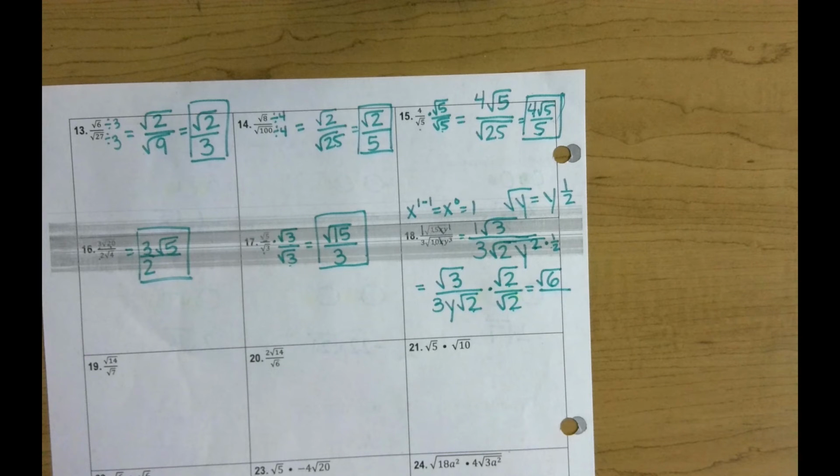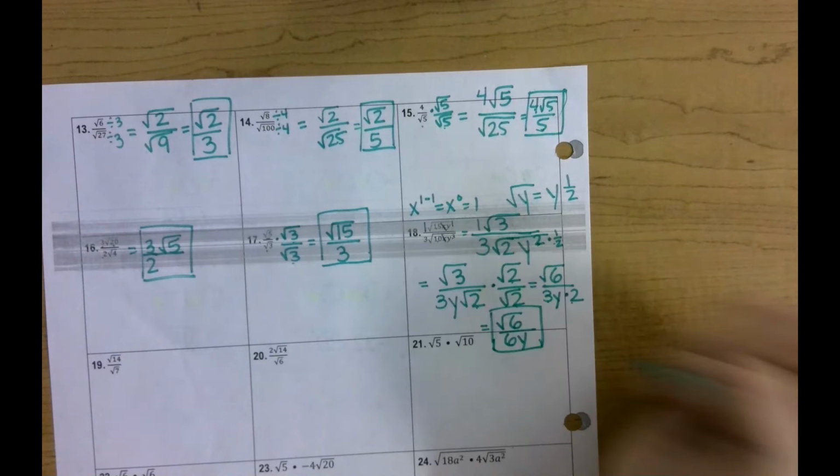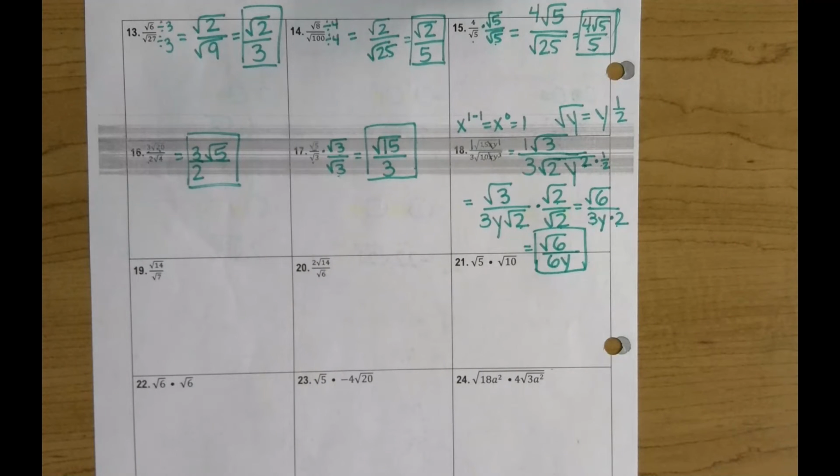I still can continue to simplify this. 3y times 2 is 6y, so it equals. And then to go over some, try these two division ones on your own.